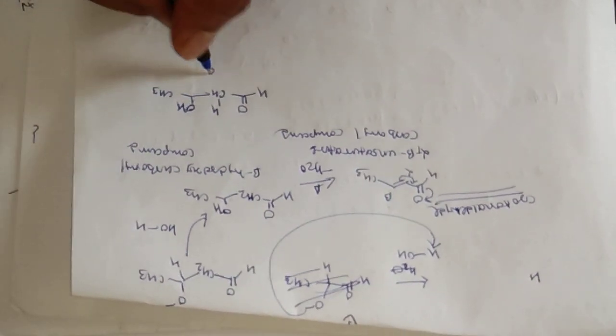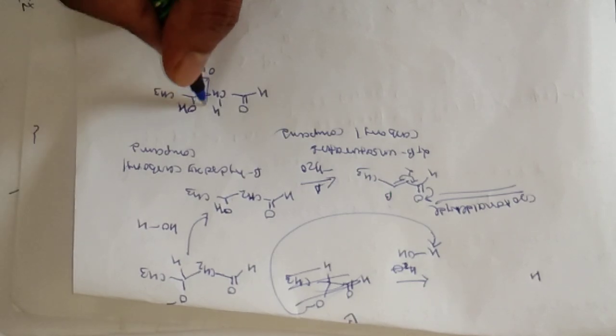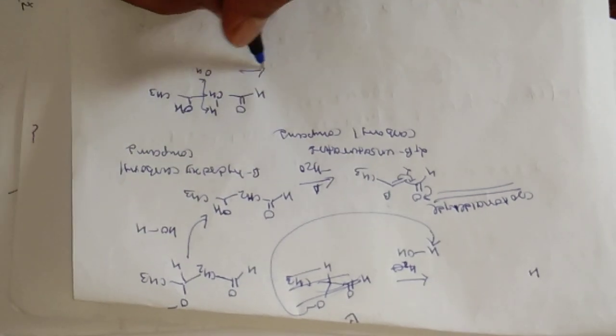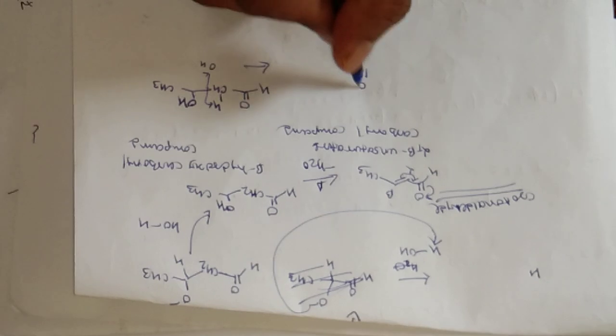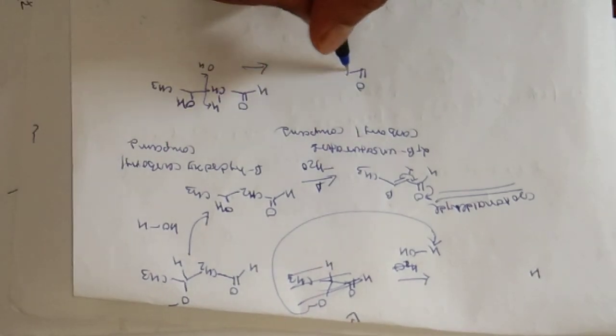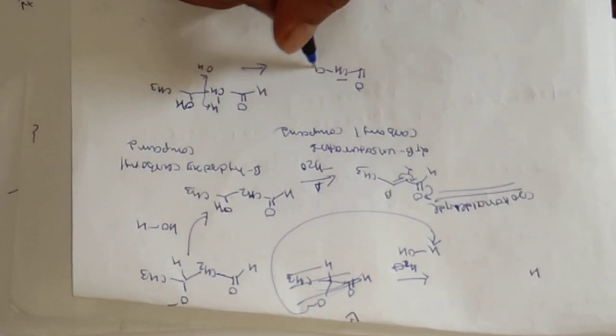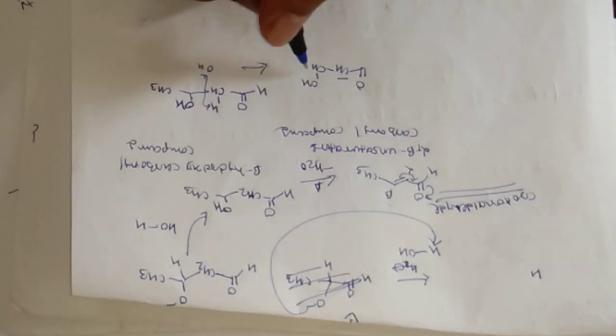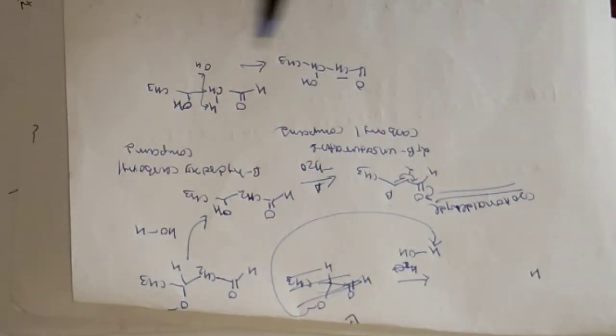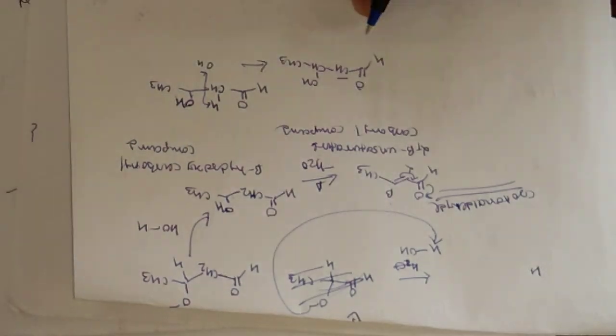First OH minus takes that proton and forms a negative charge, which is stabilized by the carbonyl carbon, CH minus, CHOH, and CH3 where H is there.